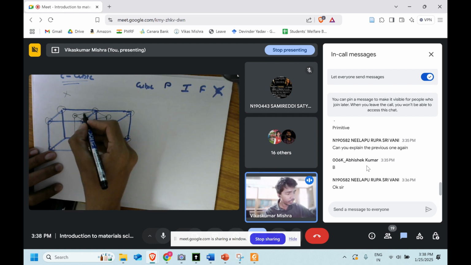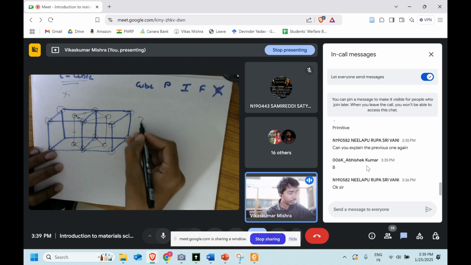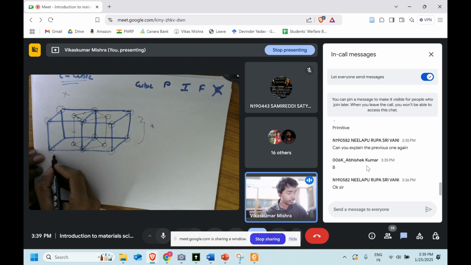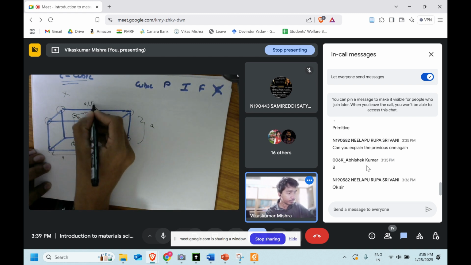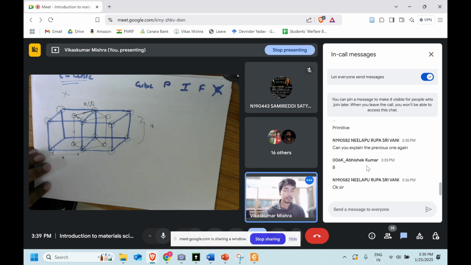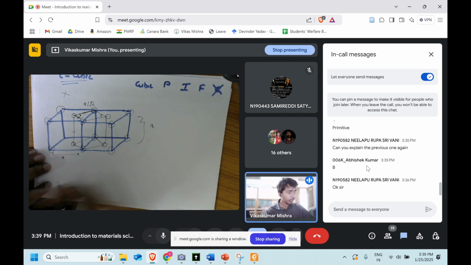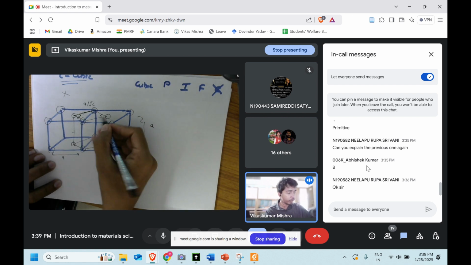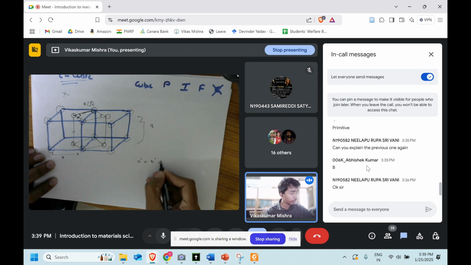Because this length and this length are equal with each other, and this length is quite high. If we consider the lattice parameter to be a, this length will be a by root 2, and all of these angles are 90 degrees. So if we consider this new unit cell, let me call it a dash equals b dash, not equal to c dash.